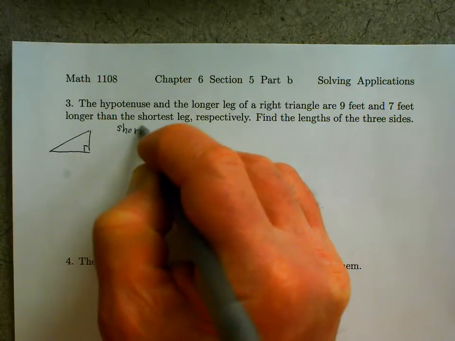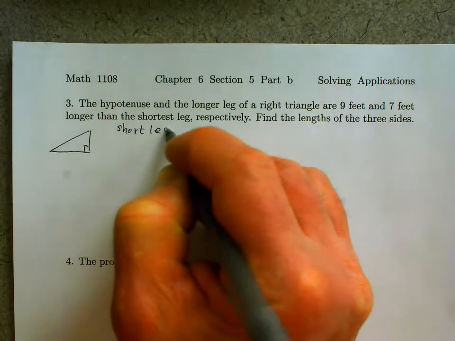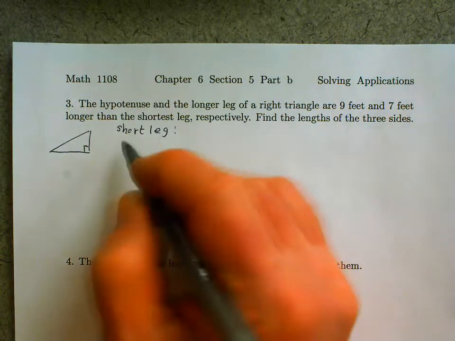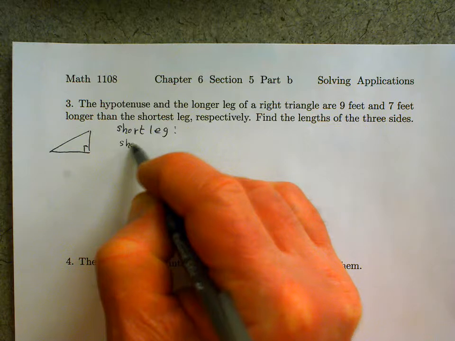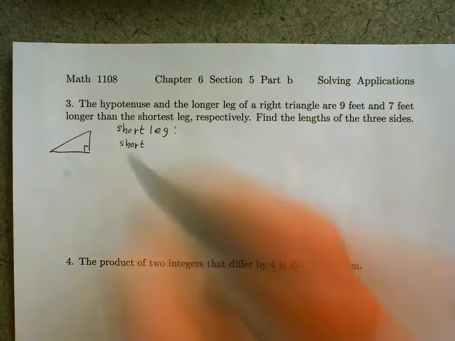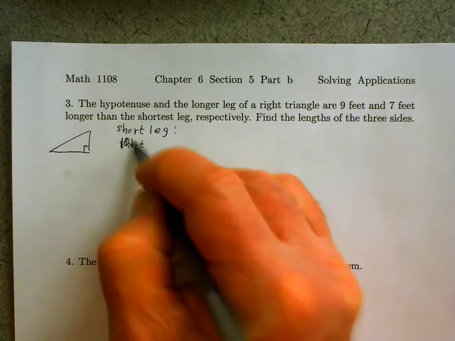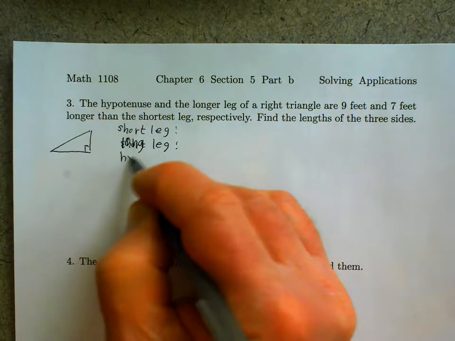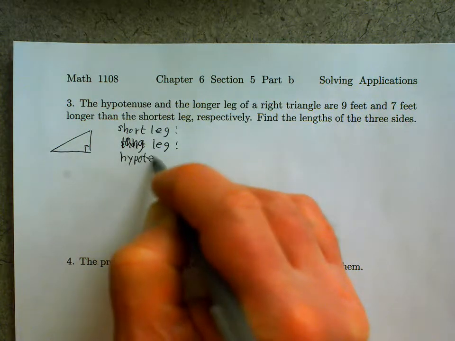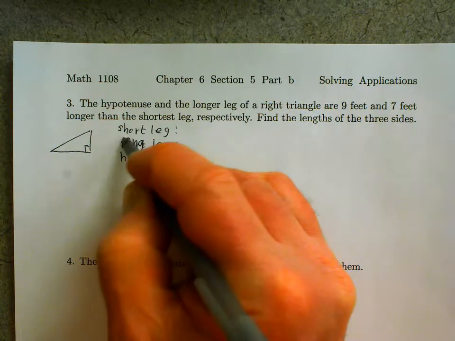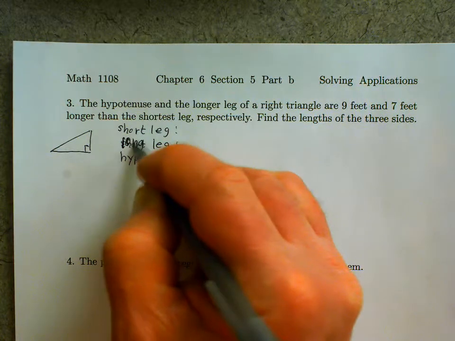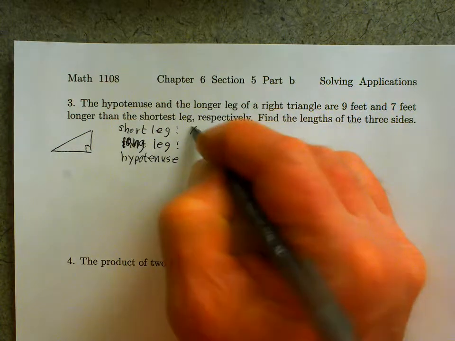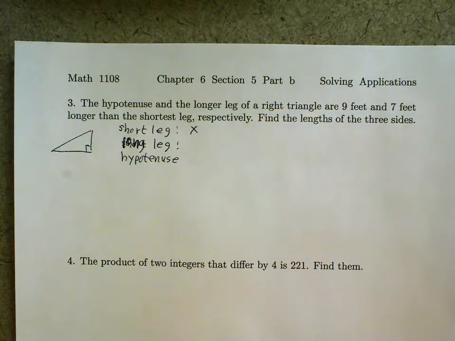So since the hypotenuse and the long leg are described in terms of the short leg, we can assign a variable for the short leg. So I'll assign x to be the length of the short leg measured in feet.